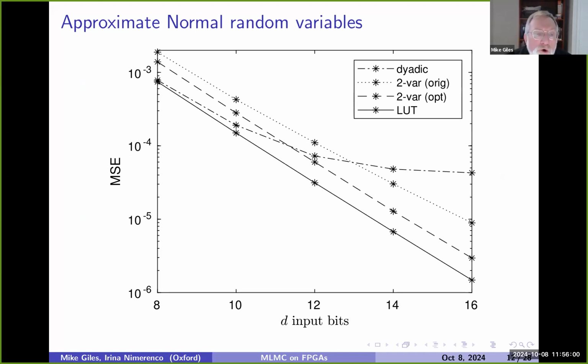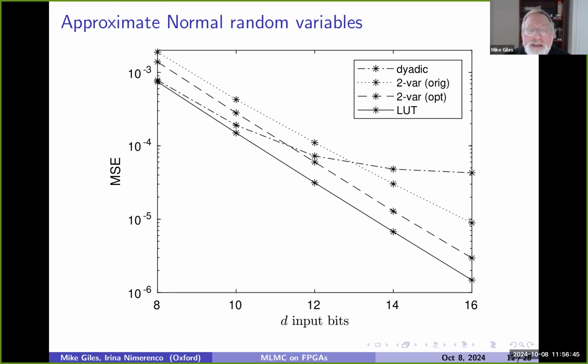Okay. So on the left, what we're plotting here is the mean square error. This is the expected square of the difference between the approximate normal random number and the true random number, true being defined by the CPU operating in single or double precision. On the x-axis is the number of bits that we are using in the FPGA implementation. The solid line there is using the full large lookup table.